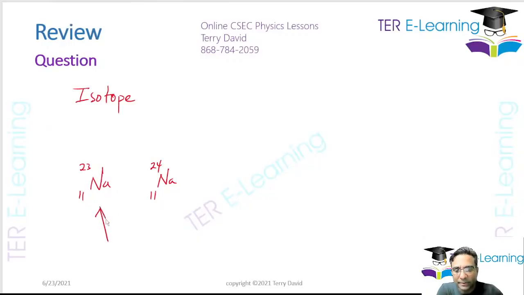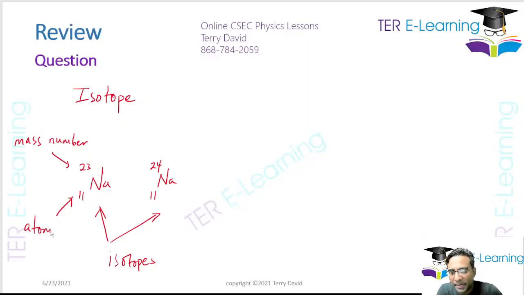These here are what we call isotopes. First things first, you need to know what this number on top means. That number is called my mass number. This number at the bottom is called my atomic number.